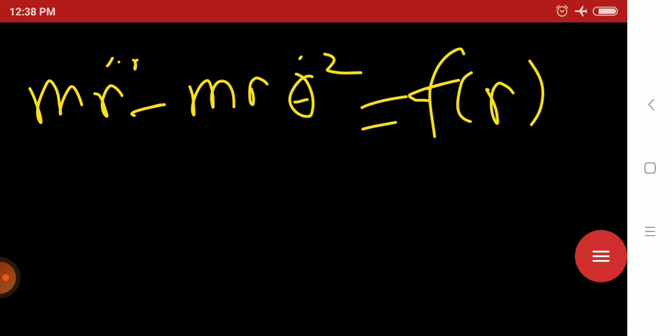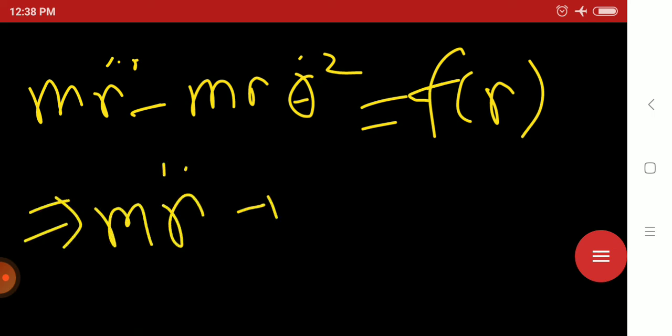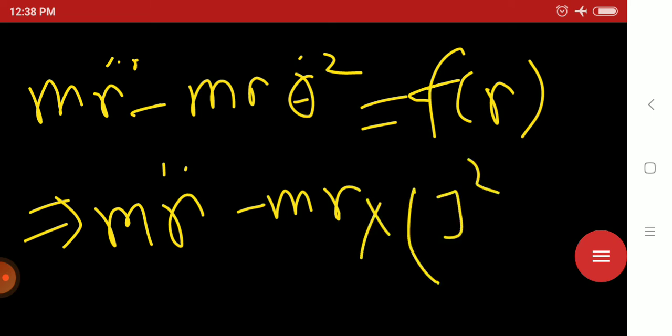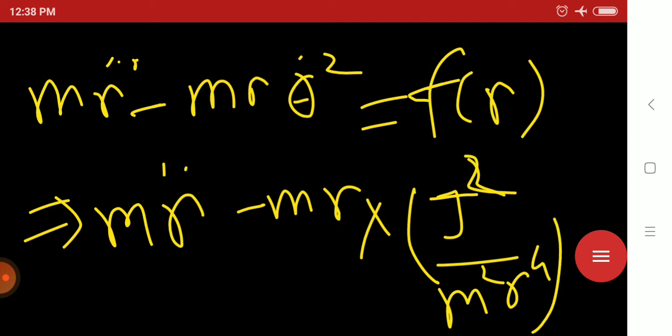Now put in theta dot's value, J by m r square. So theta dot square is J square by m square r to the power 4.